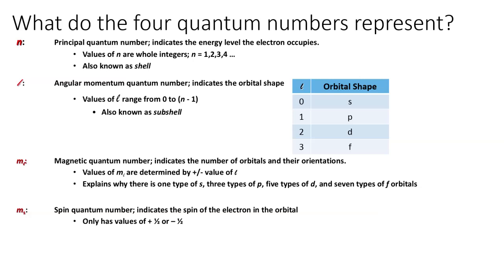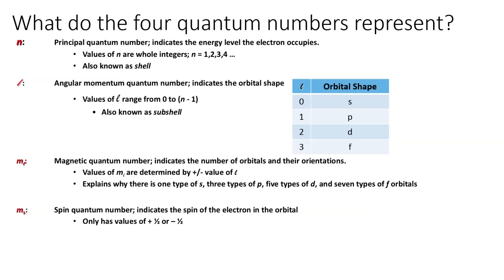The third type of quantum number is m sub l, which is the magnetic quantum number, which indicates the number of orbitals and the orientation of those orbitals within a particular sublevel. For every value of l, there is an independent set of m sub l values.